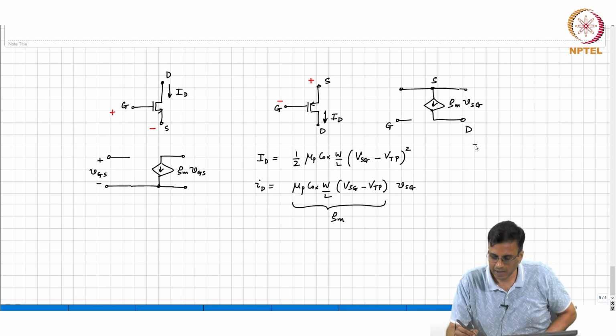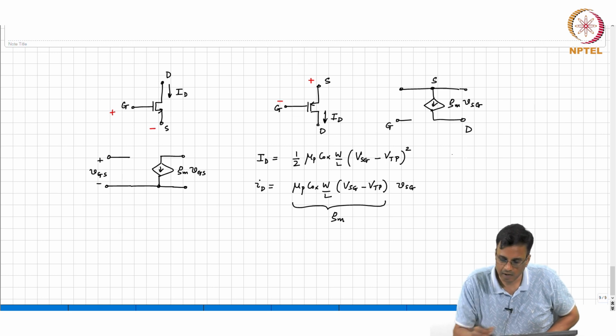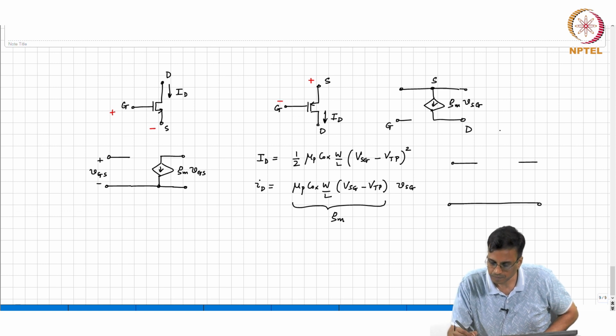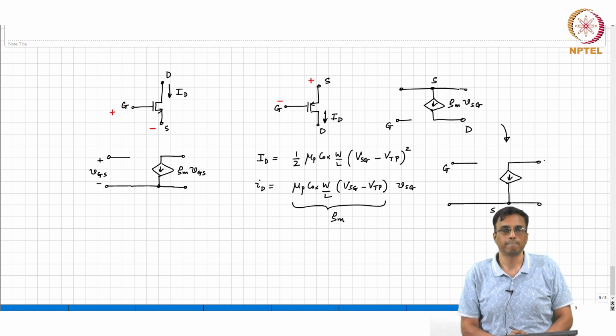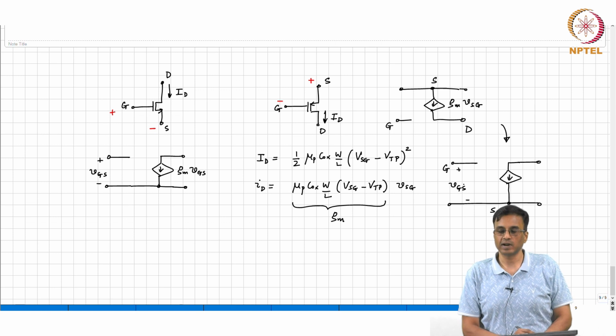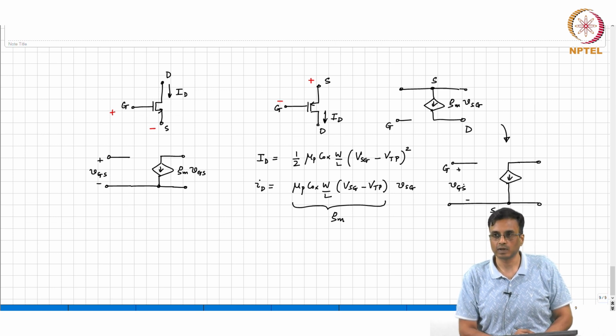To solve the problem, what do we do? You flip the whole thing again, and therefore express the incremental current in terms of VGS again, right. If I call this VGS, what should I do to that current source?